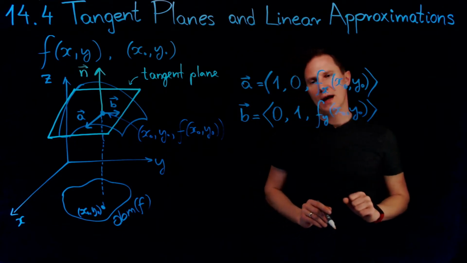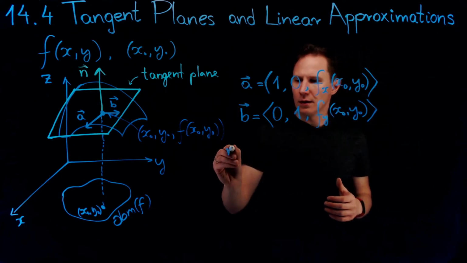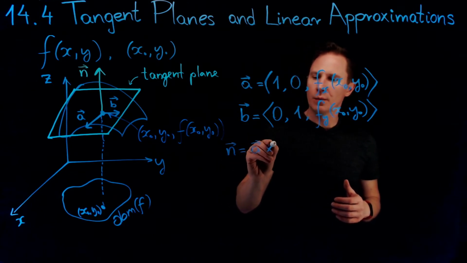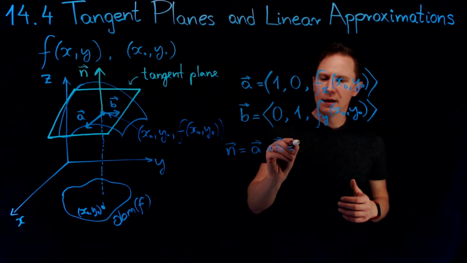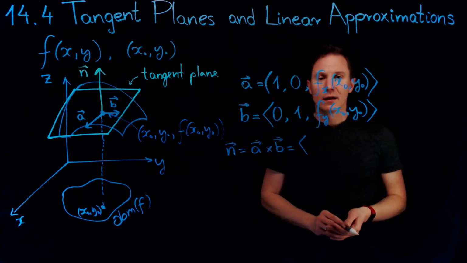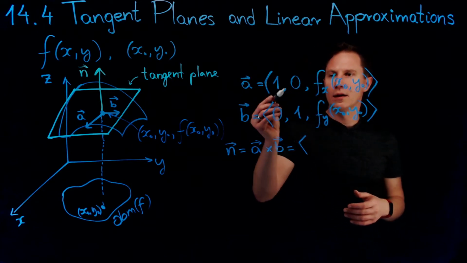So now that we have these two vectors, we can form their cross product to get a normal vector to the plane. If you compute this cross product, you will find that its components are as follows.